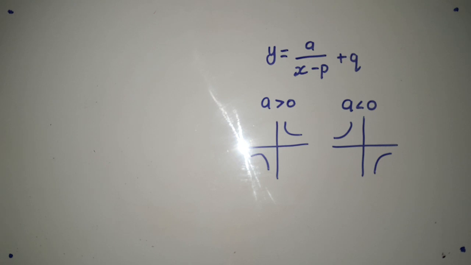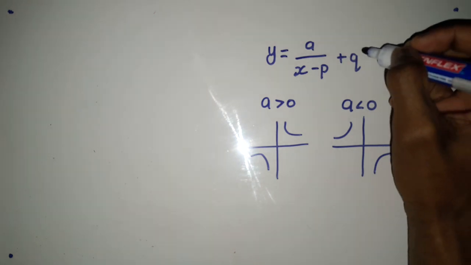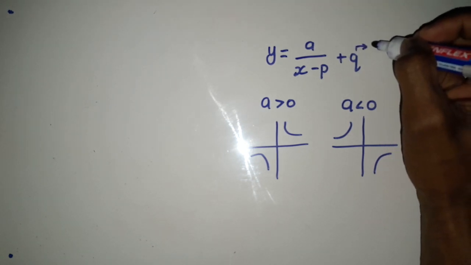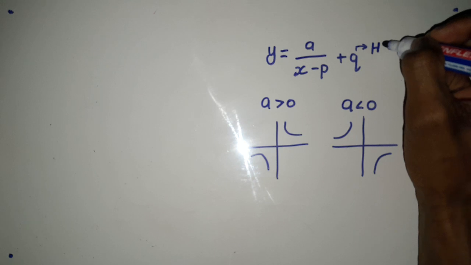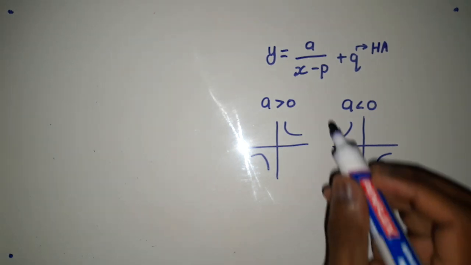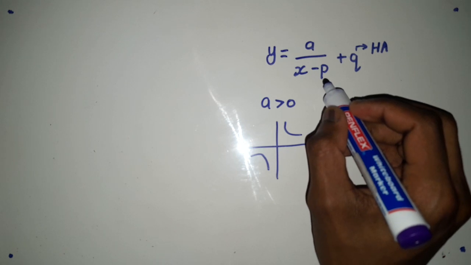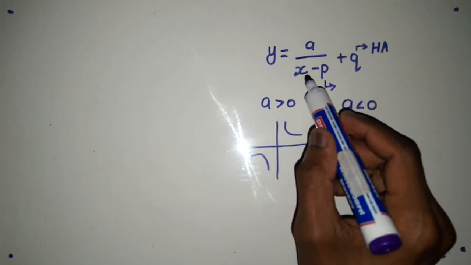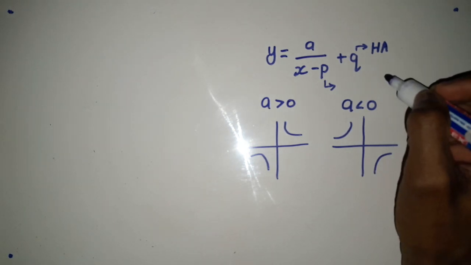Then over here we have a horizontal asymptote. Then over here you just need to solve for p in order to get a vertical asymptote.